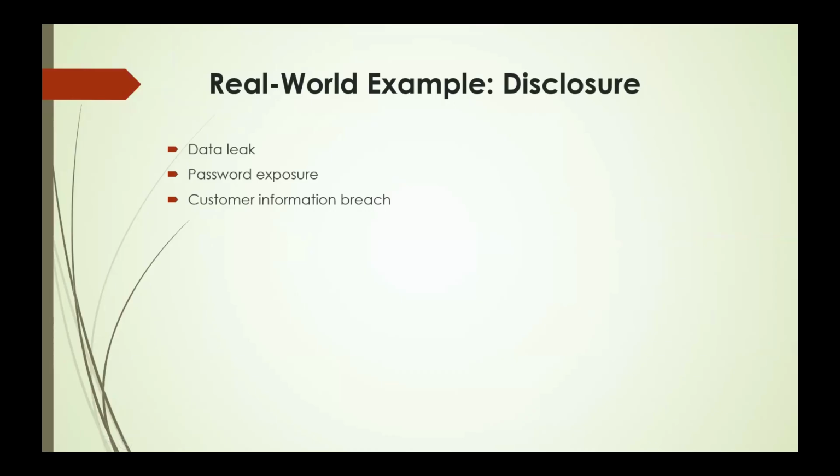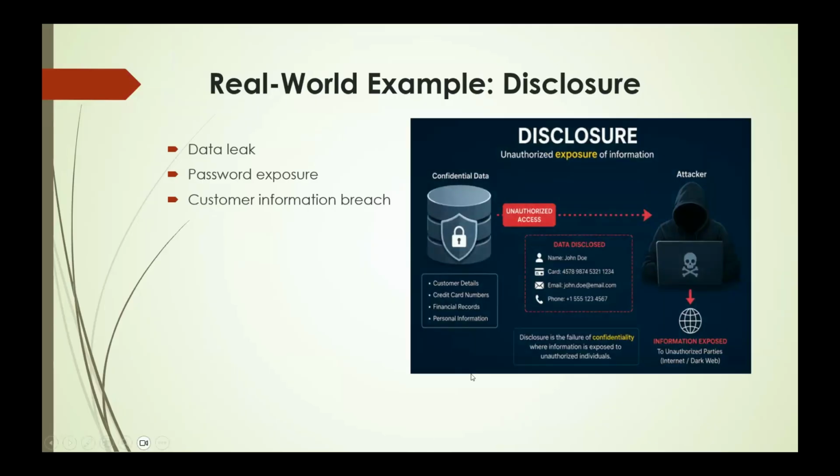So, the real world example of disclosure happens when data leaks, a password is exposed, or customer information is breached. Suppose a hacker steals customer credit card information from a company's database and publishes it online. This is a confidentiality failure. Sensitive information was disclosed to unauthorized people.